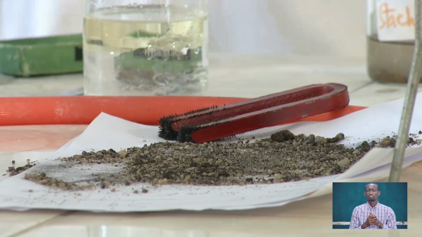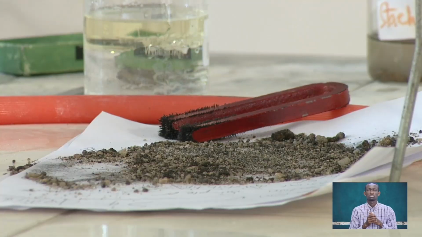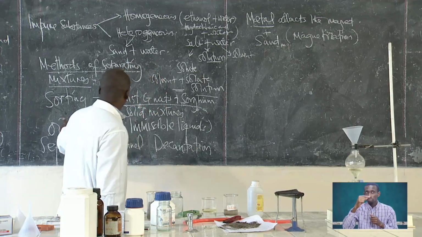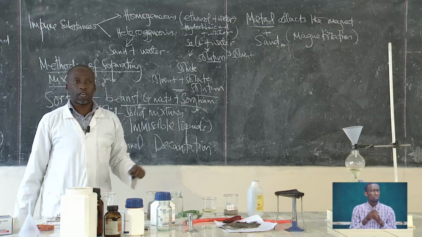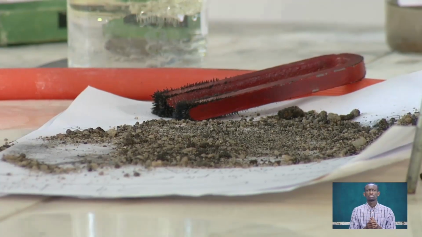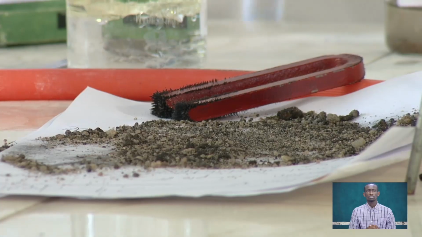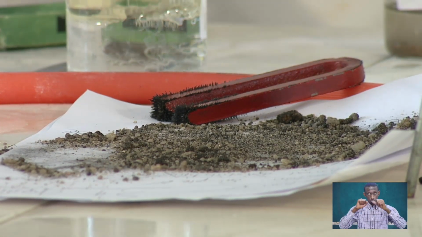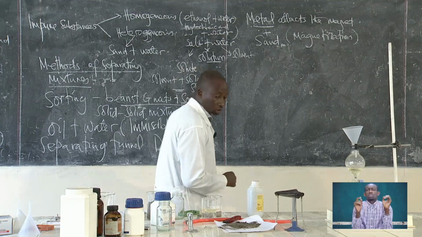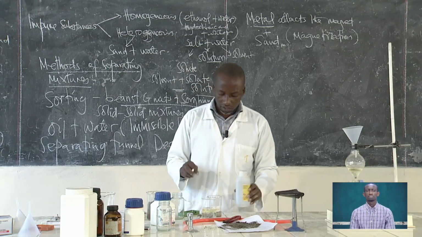So magnetization is another method that separates the mixtures. Remember, we have looked at the sorting, the decantation, and now the magnetization. Let's look at another method that can be used to separate mixtures.